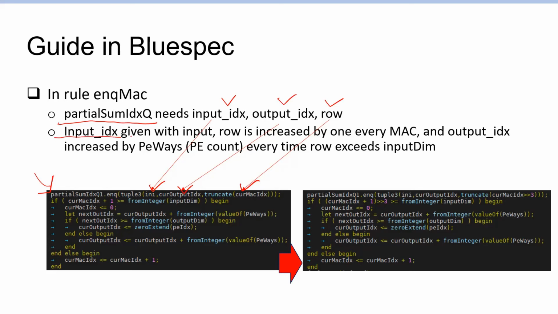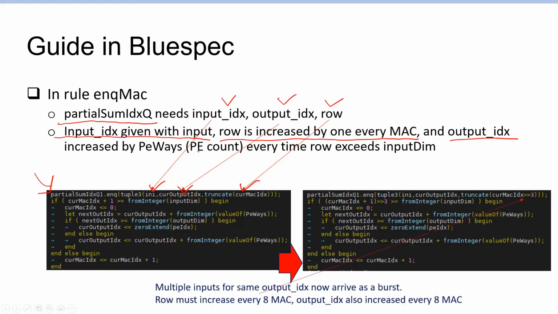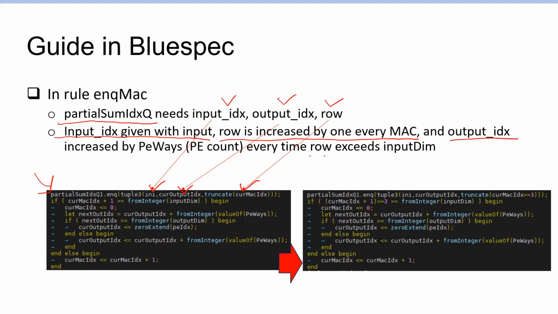So input index is given with the input from the software. Row is increased 1 per every MAC operation, because that's natural. We move forward with each MAC operation. And output index is increased by PE ways, which is PE count, every time the row exceeds the size of the input.